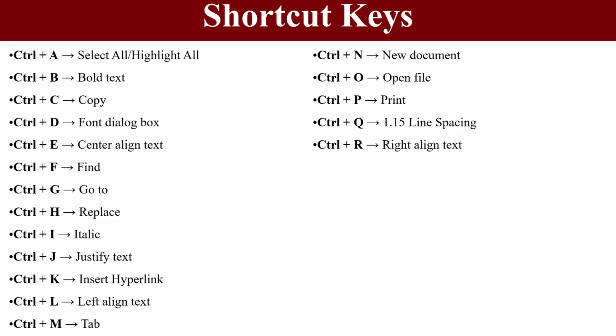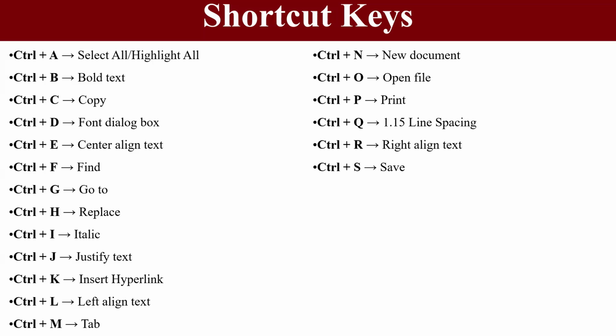For example, an address. After writing your address, you highlight the address, then you click on Control R. It will take the address to your right hand side, just as we talked about Control L, that is left align text also. And Control E, we said it's centralize, it makes it go to the center. Then Control L left, Control R right.